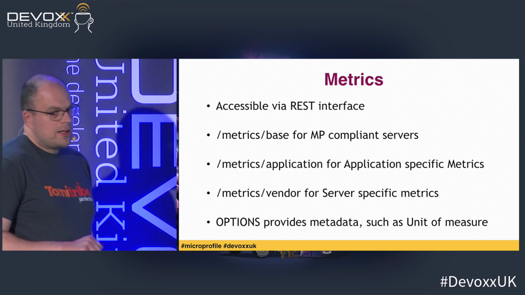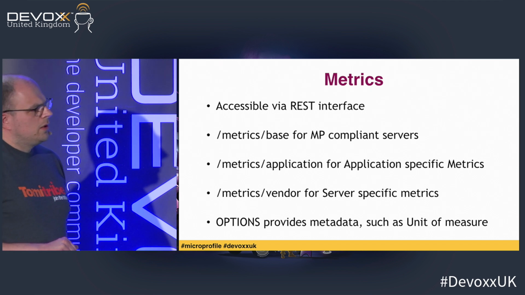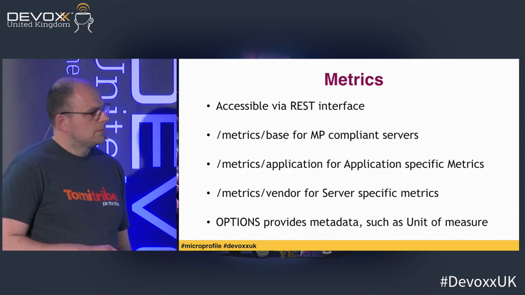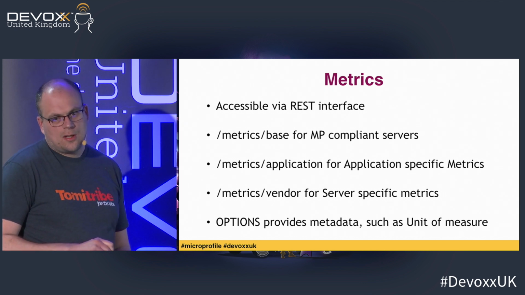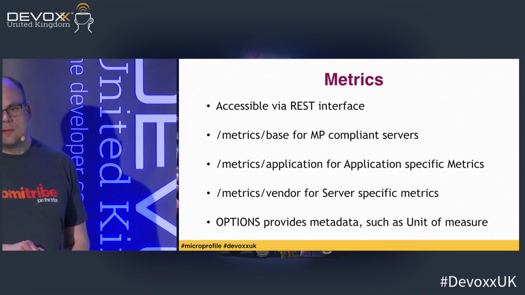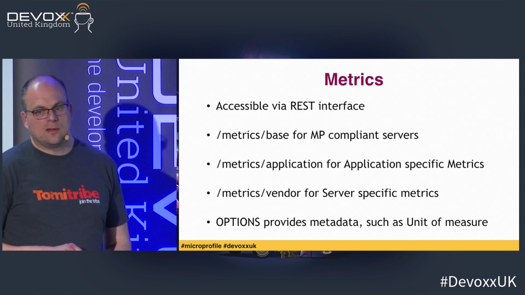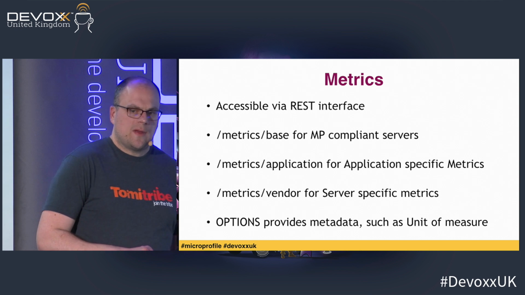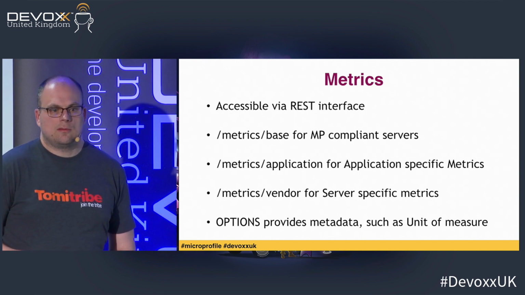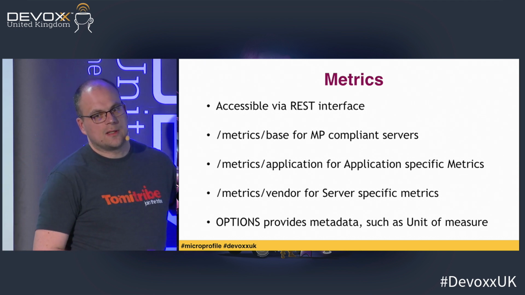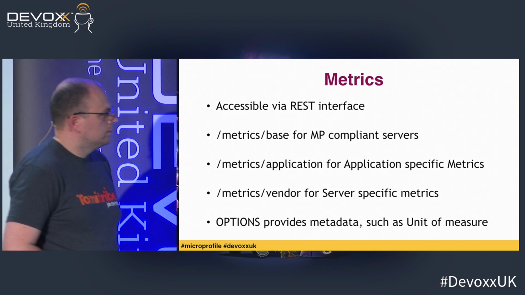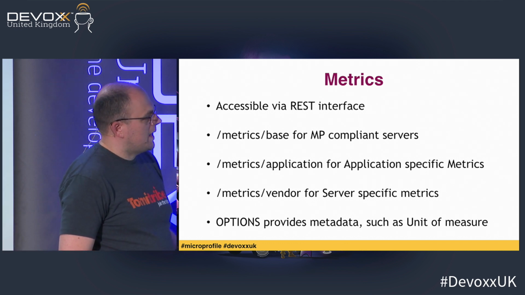There's a vendor area, which is for server-specific metrics, but those will be dependent on the particular vendor that you're using. So each of the vendors are free to implement their own metrics and add them underneath that area. And then finally, there are the application metrics.